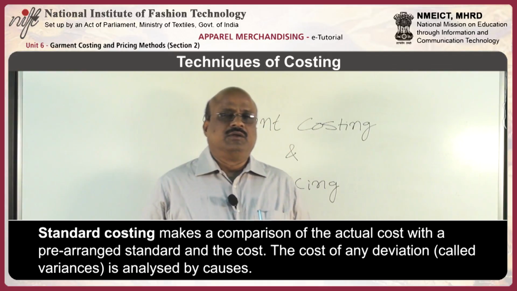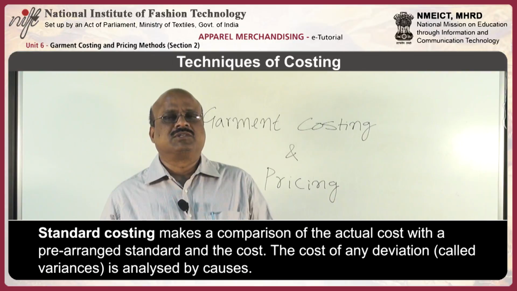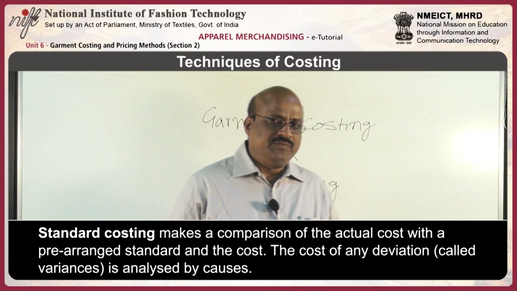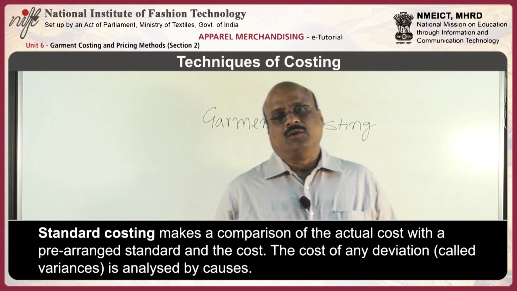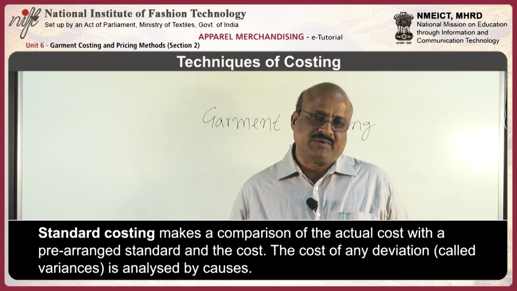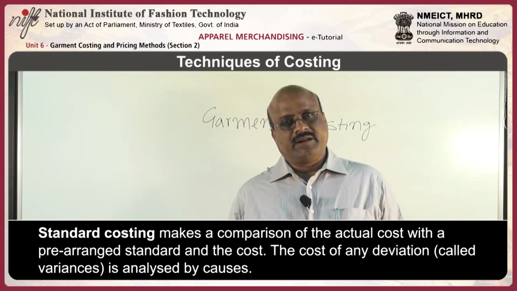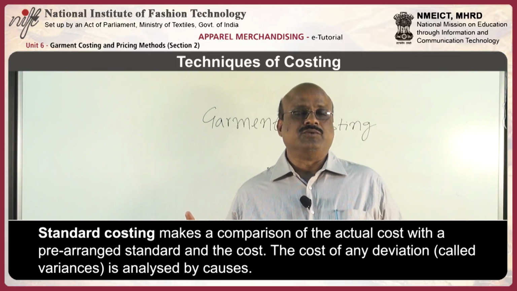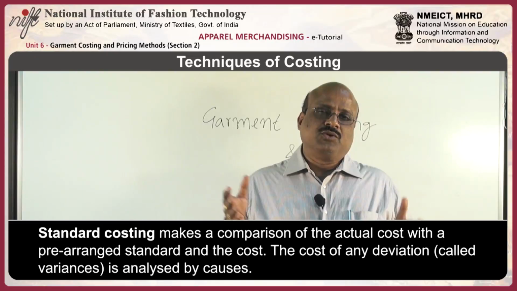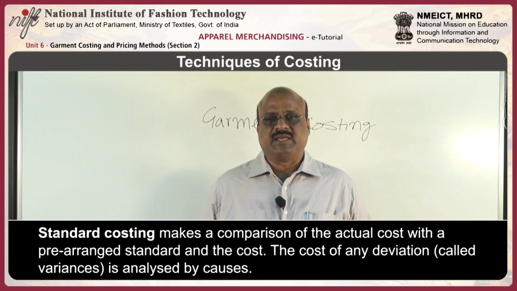That means what is the actual cost incurred and what is the standard cost to be incurred? Is there any deviation? If there is any deviation, what are the reasons, the causes for the deviation? We analyze those causes and try to see if they can be reduced or avoided, so that the actual cost becomes the standard cost.